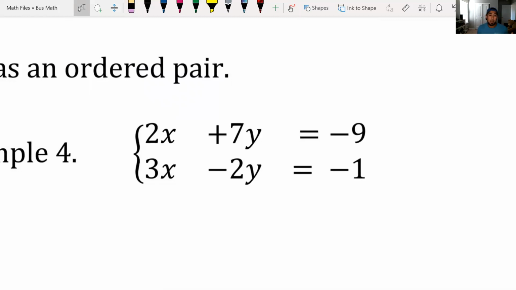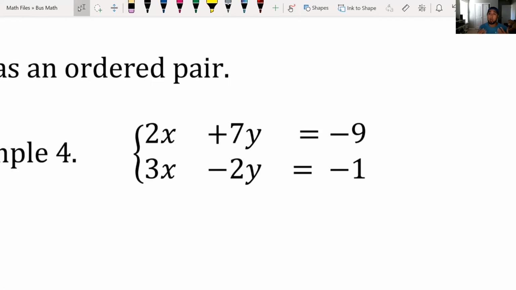Well, I see that on the first equation, y is positive. I see on the second equation, y is negative. So the positive and the negative, it's already set up for me. So there's no need to multiply by a negative unless I wanted to get rid of the x's. So I'm going to choose to get rid of y this time, all right?